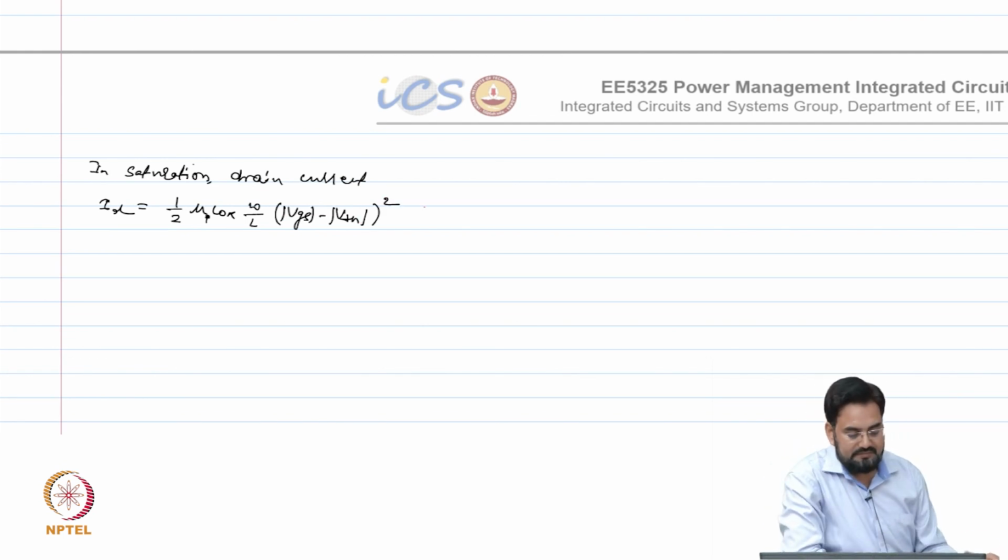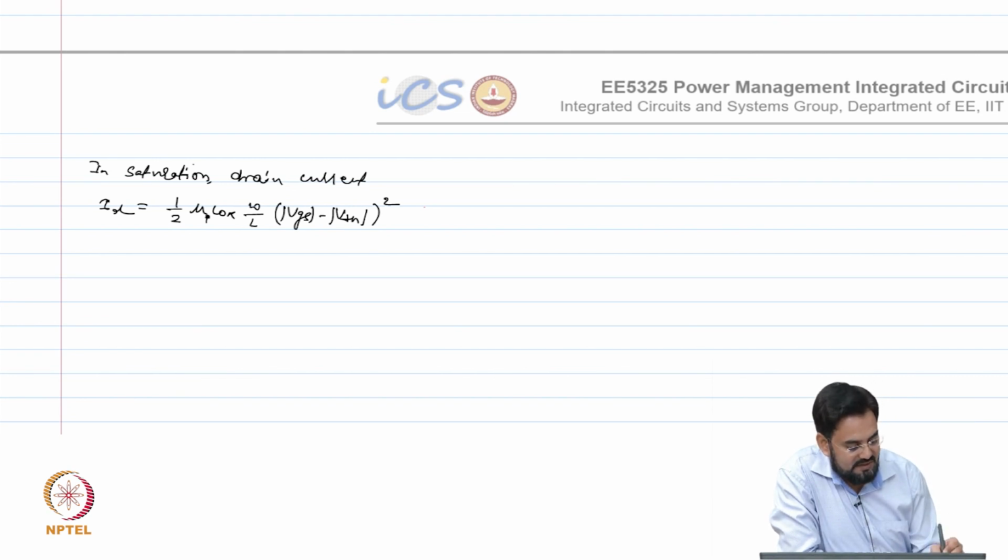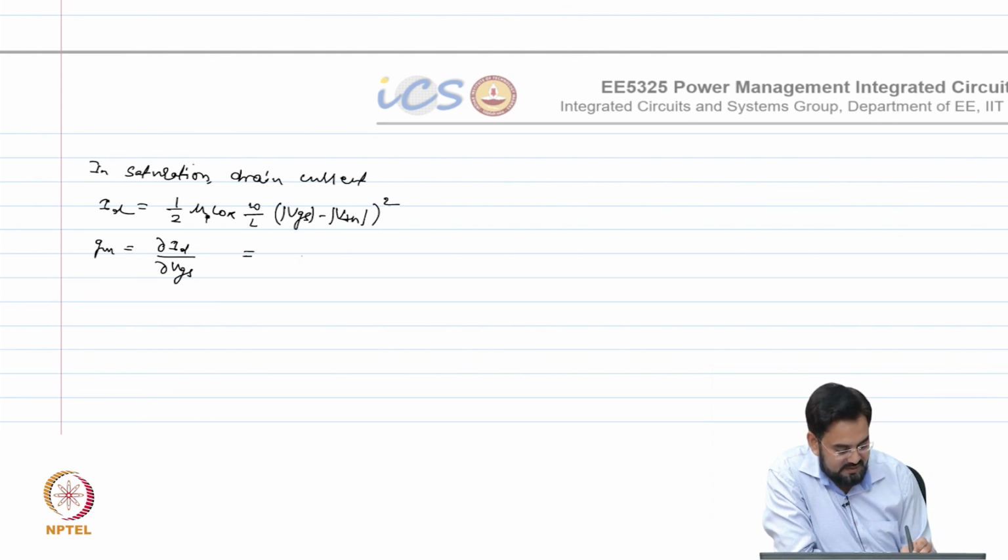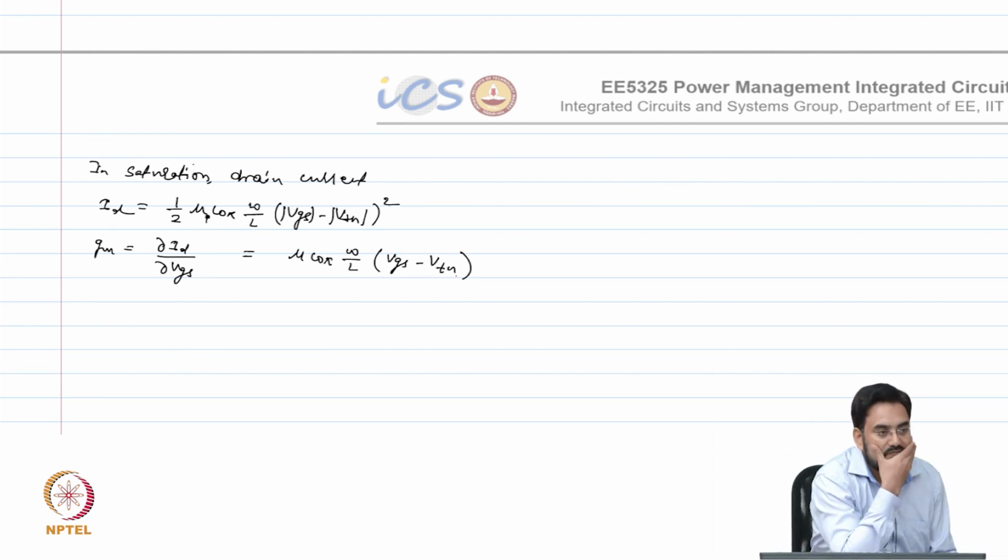Okay. So, this is your equation, and GM is nothing but delta ID over delta VGS. If you differentiate it, what you get? You get mu C ox W by L VGS minus VTH. Okay.